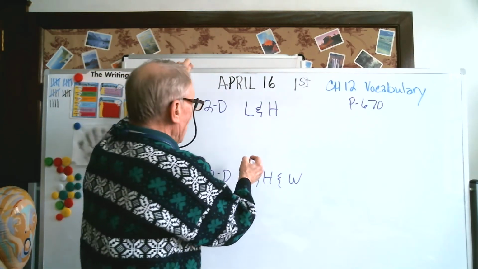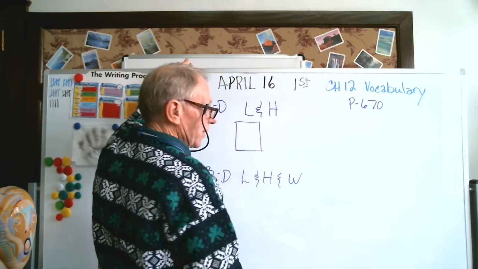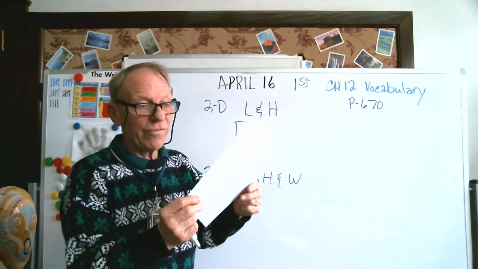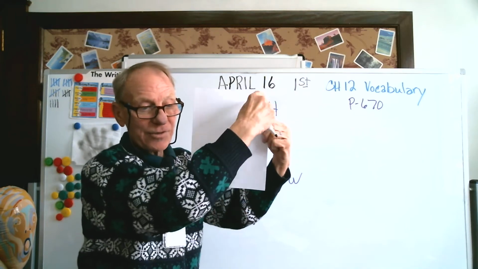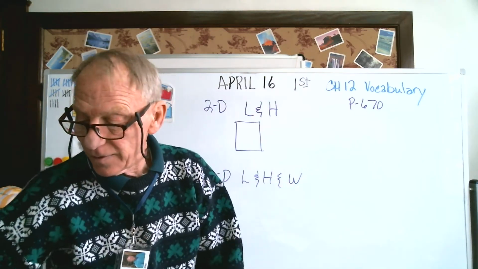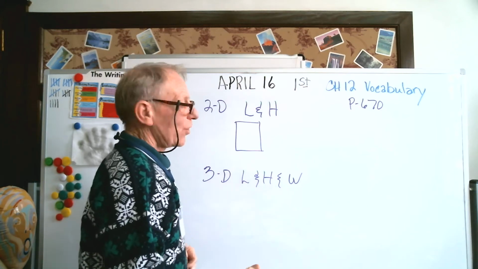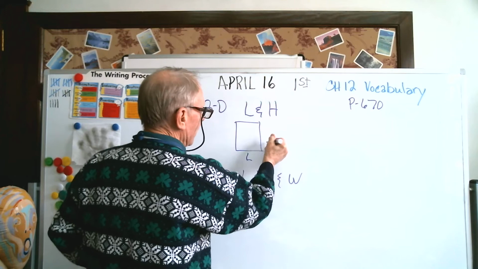So length and height, a sheet of paper. Just a good old-fashioned sheet of paper. It has length and it has height. It doesn't have any depth, so it's two-dimensional. We have length and we have height.